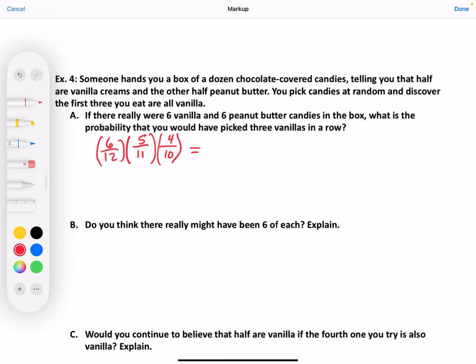Wait, I think I got this. 0.09. 0.09. I think there's a 1 after it, but yeah.